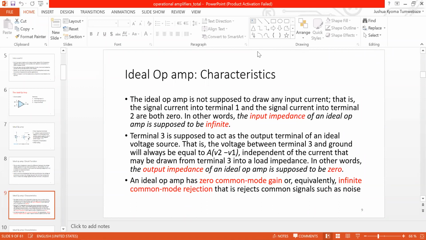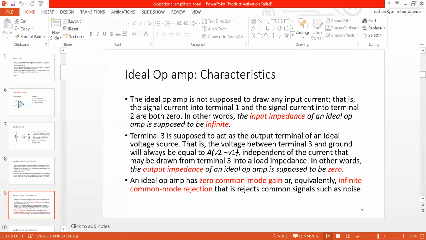Why? Because at the output, the voltage is fixed. We have A as the gain, which we'll see is referred to as the open loop gain of the op amp. A times (V2 minus V1). So if V2, V1 and A are fixed, the output will also be fixed.